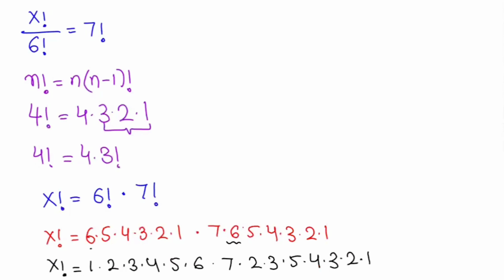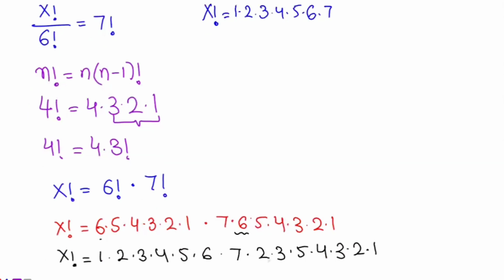Now in the next step, I will multiply some of the numbers. X factorial is equal to 1 times 2 times 3 times 4 times 5 times 6. Here I will add 7 factorial now. In replacement of 2 and 3, I will multiply this 2 with this 4, so I will get 8.